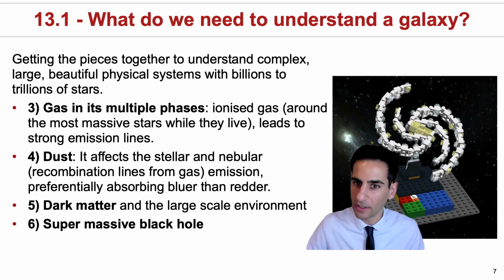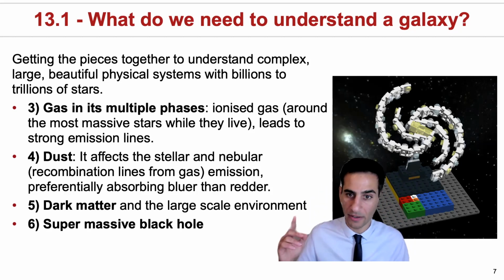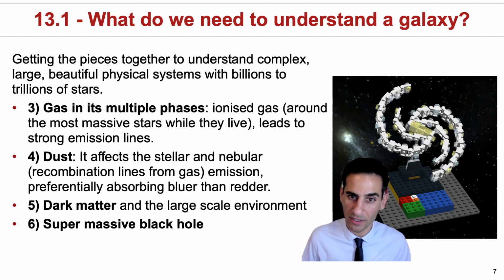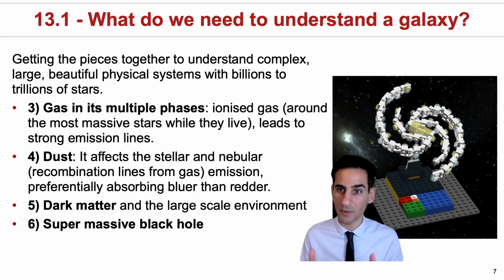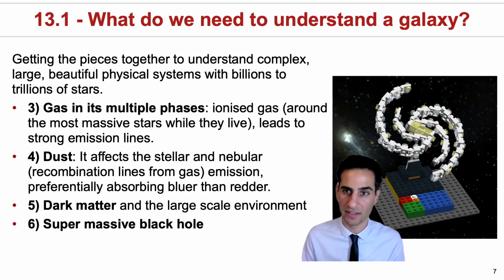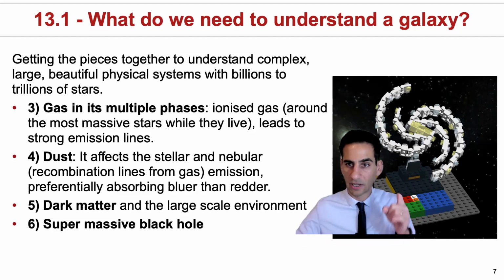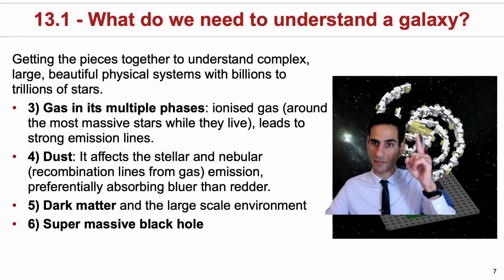And even though we don't really know what dark matter is, it is really fundamental to understand a galaxy, to predict some of its properties, and also this will be crucial to understand the environment of a galaxy, as we'll see in section 14. And finally, as far as we can tell, every single galaxy contains a supermassive black hole in its center or core.